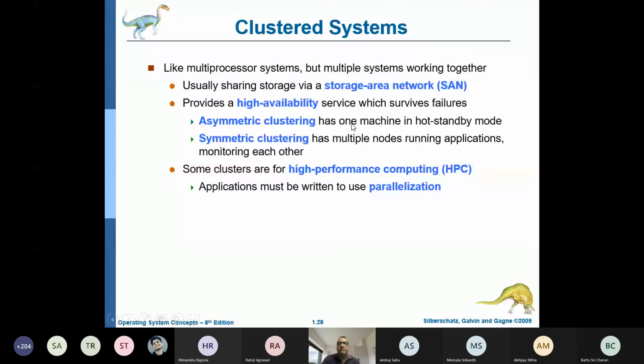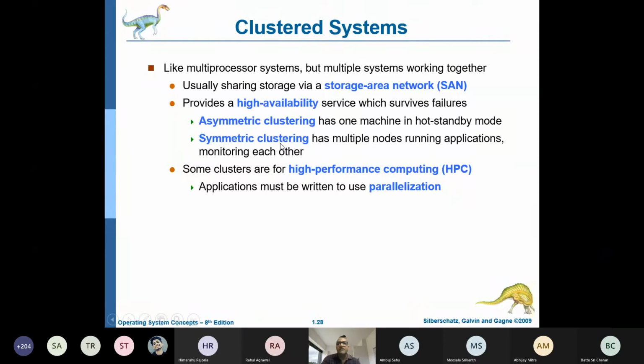The principle is similar to the one I mentioned earlier. In asymmetric clustering, there will be one machine in hot standby mode. It just monitors the server which is actually carrying out the tasks, and if the server has a problem, then the hot standby machine will take over that server's functionality.